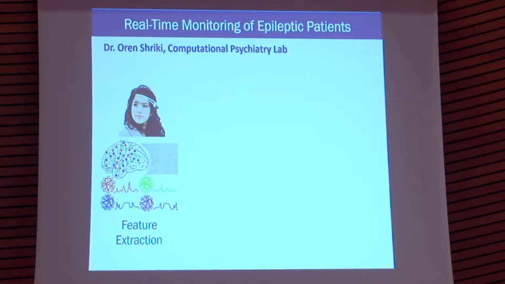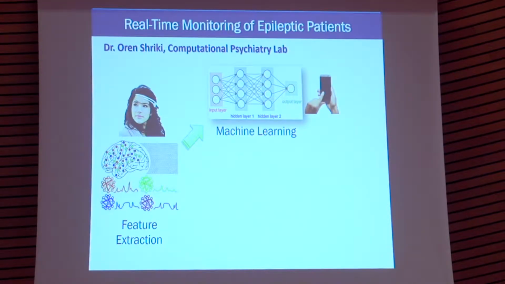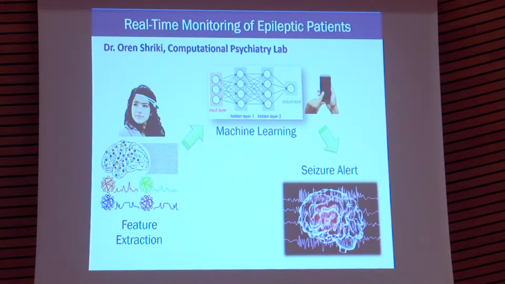We need to extract some features. This is where we come as brain scientists, with using some nonlinear dynamics, all kinds of models of network analysis, complexity, what we call critical brain dynamics and other aspects. We put these features into machine learning algorithms and try, in this case, to produce a seizure alert.